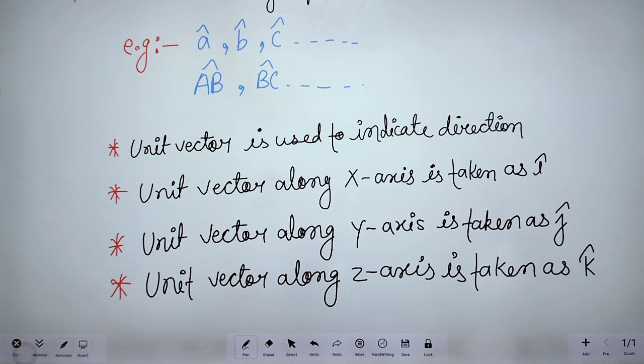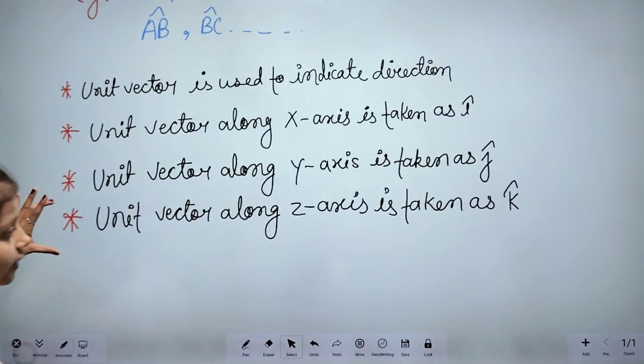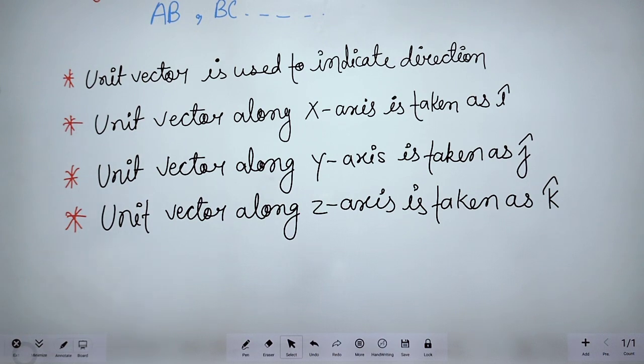Okay, it means this is used to indicate direction, and the unit vector along the x-axis is taken as i cap, the unit vector along the y-axis is taken as j cap, the unit vector along the z-axis is taken as k cap.